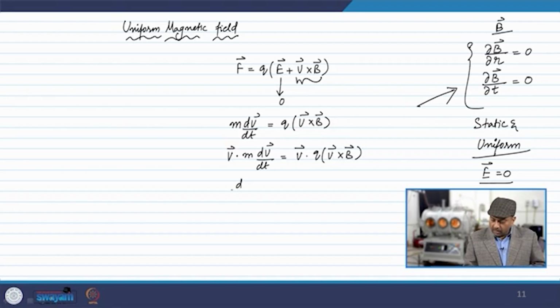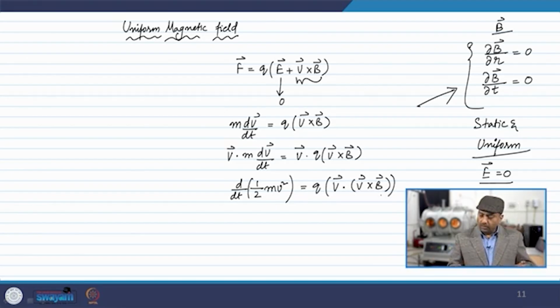So, we can write d/dt of half mv squared is equal to q times v dot (v cross B).